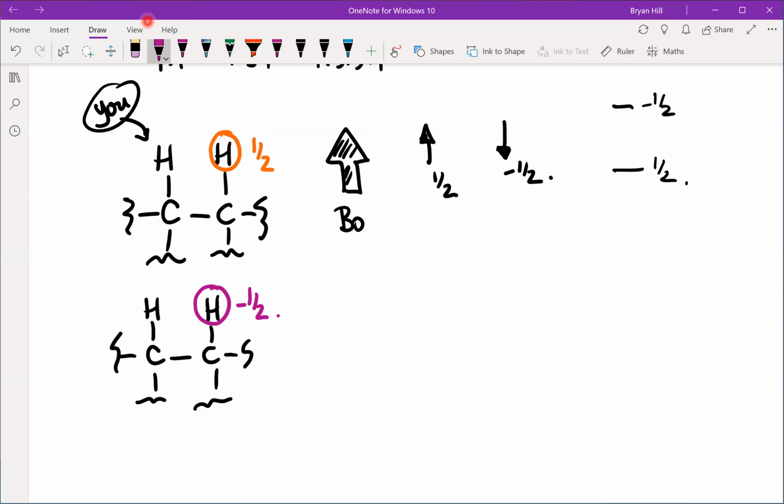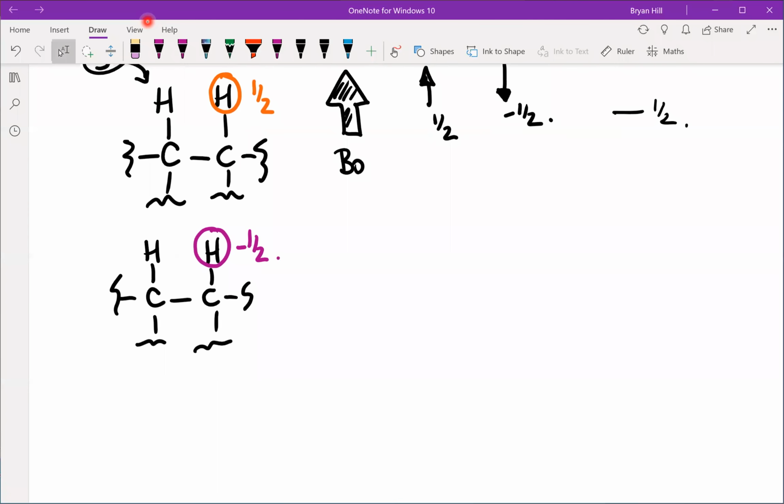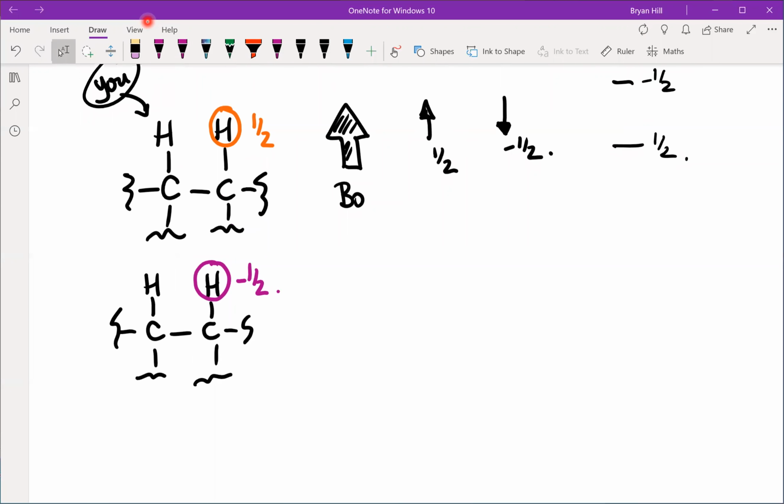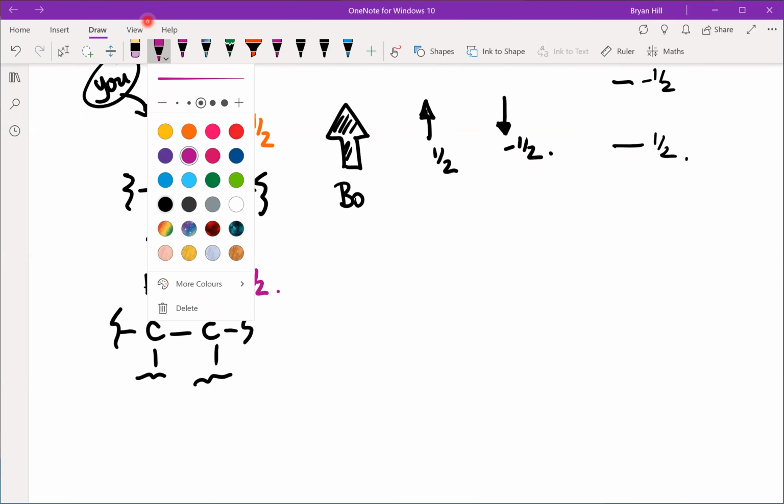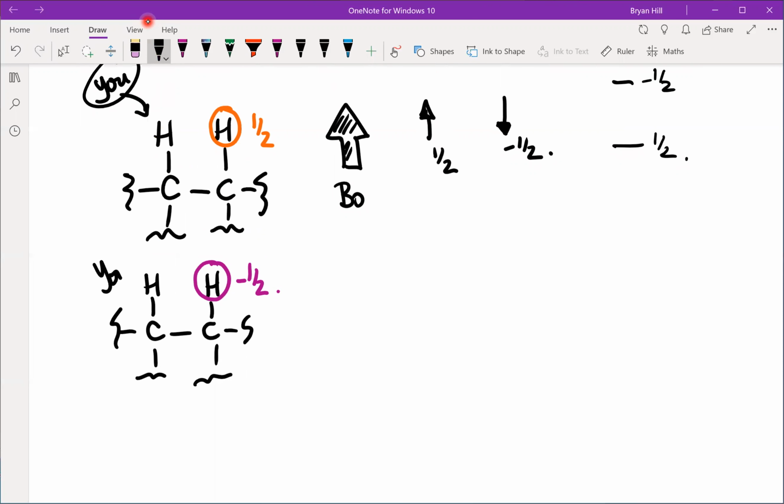Okay, so now what's going to happen? This is still you. You are living in 2 different realities here. In one reality, your neighboring proton is aligned with the magnetic field, and in the other reality, your neighboring proton is opposed to the magnetic field.